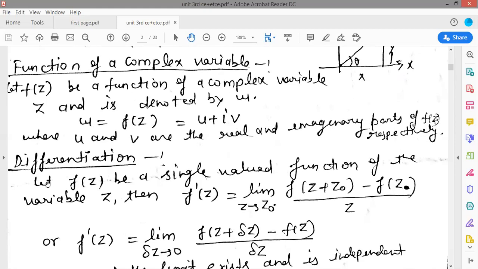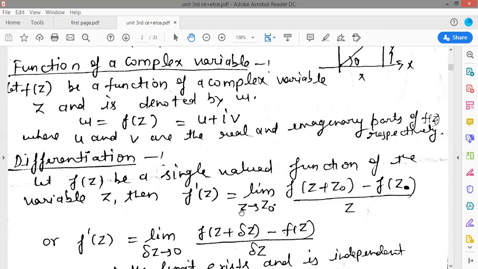Now next, differentiation. As we know the definition of a continuous function, the differentiation definition is similar. So let f(z) be a single valued function of the variable z. Then f dash z, the derivative with respect to z, is equal to the limit as z tends to z0 of f(z) minus f(z0) upon z minus z0.